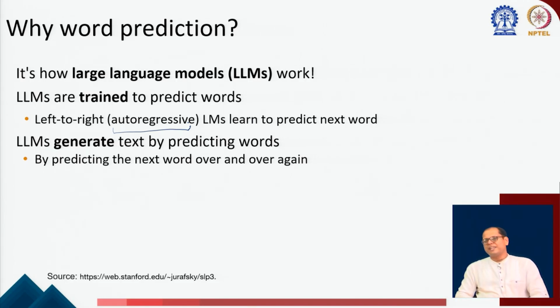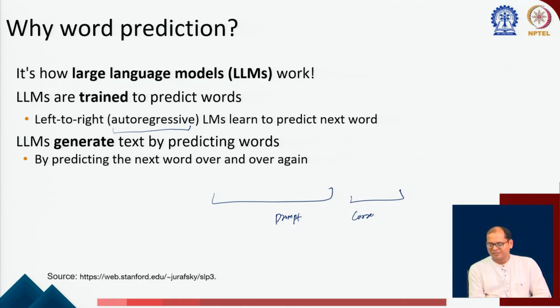So language modeling is a very crucial concept in understanding large language models. Large language models are trained with this objective, and also they generate by predicting the next word. Every time, given the previous prompt and the current generated output, they will predict the next word.